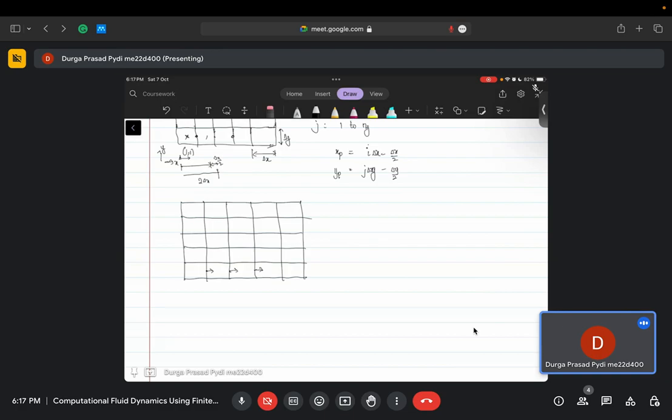These are my east faces. Now the question is, what do I do on the boundary? Like we have discussed previously, you can store velocities here as well.